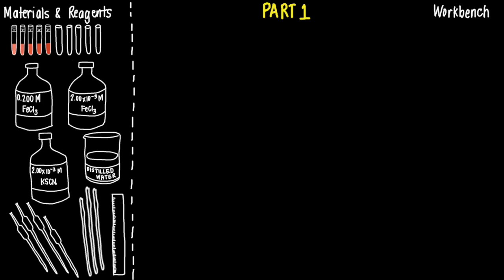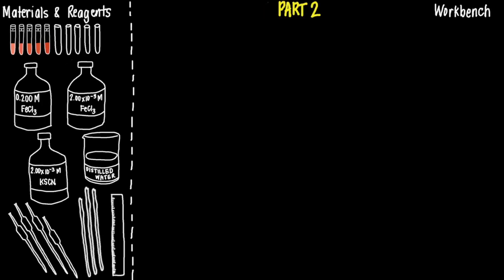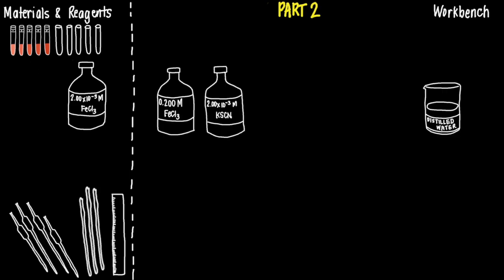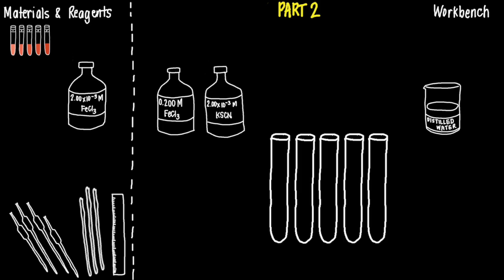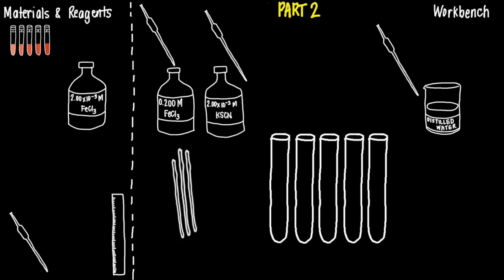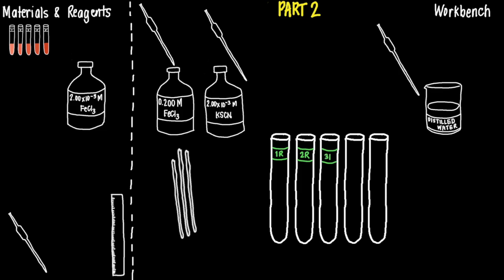For the next part, we prepare the set of standards or reference solutions. Let's bring to our workbench the reagents, distilled water, 5 test tubes, pipettes, and glass stirring rods. Label the test tubes 1R to 5R.